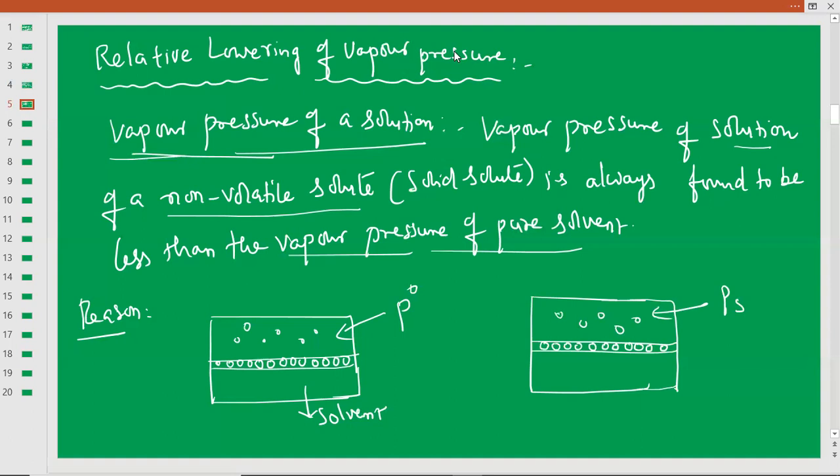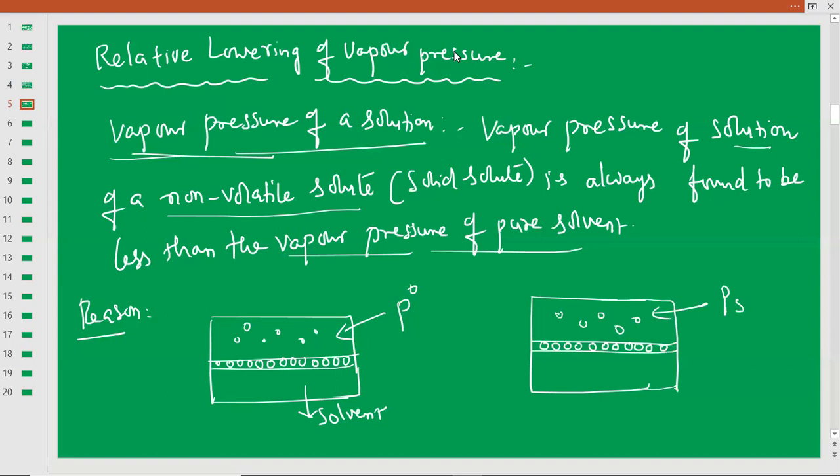What is the main observation noticed? Solute molecules occupy the surface area of the solution. The tendency of solvent particles going to the vapor phase slightly decreases.